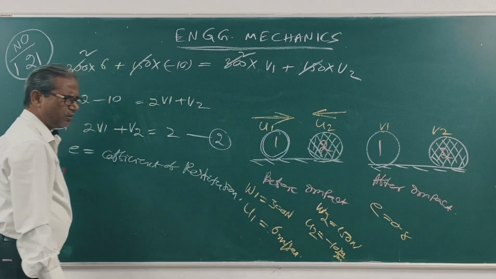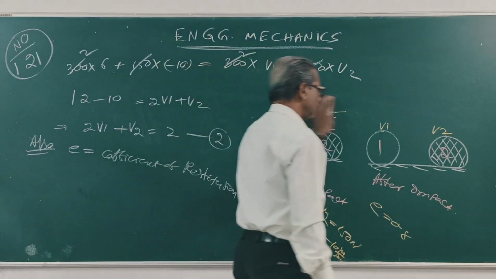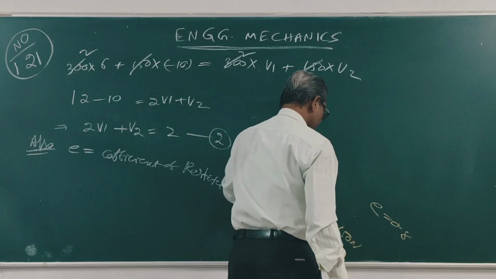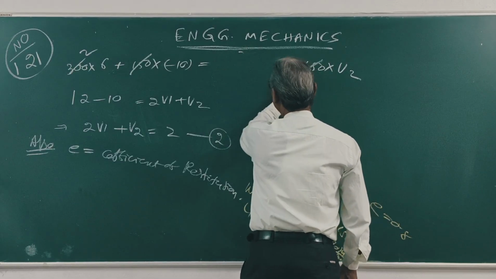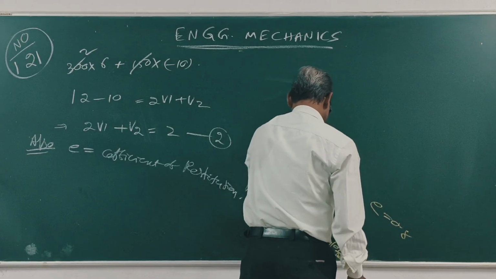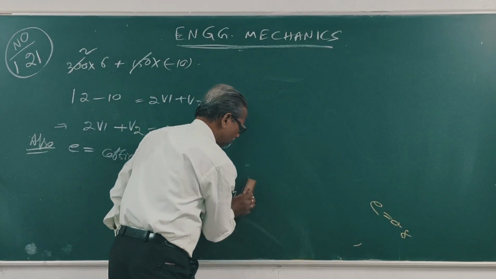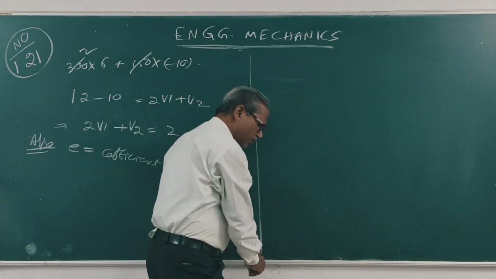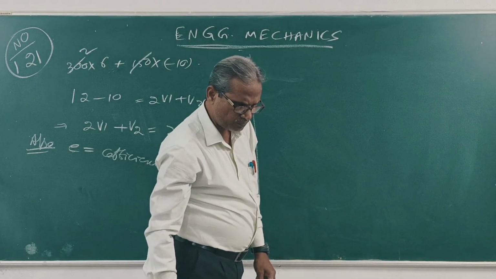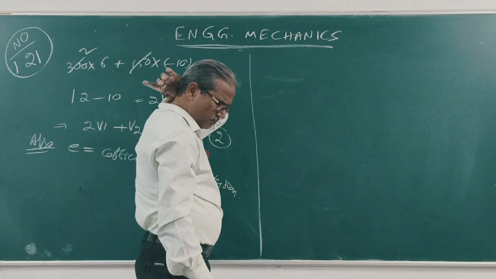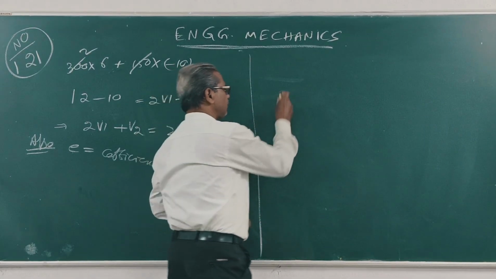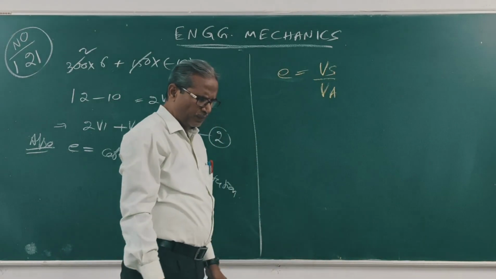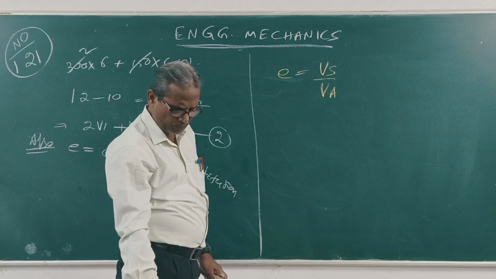E is equal to Vs by Va: velocity of separation after impact by velocity of approach before impact.